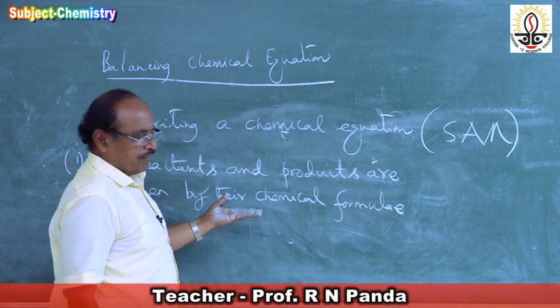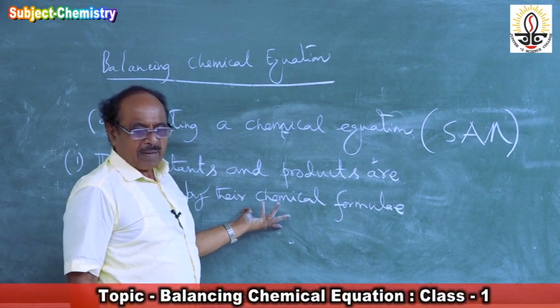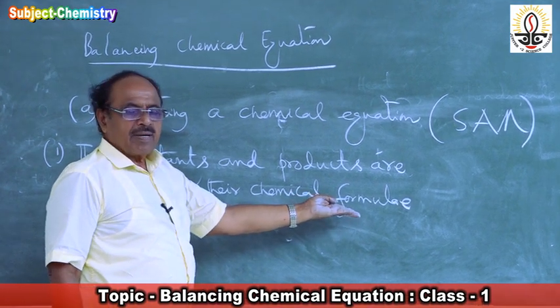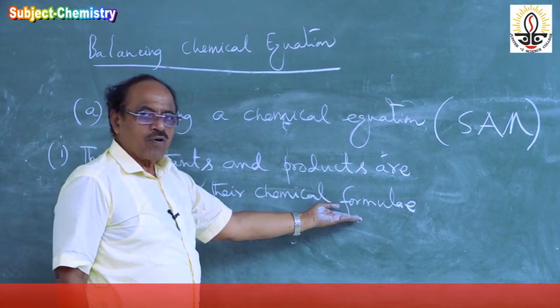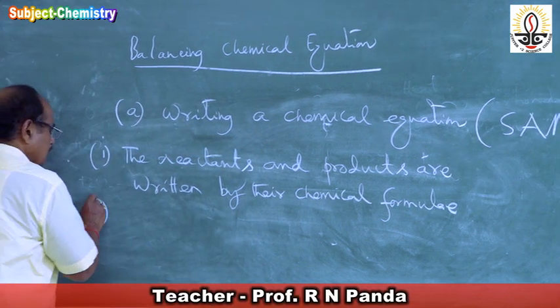That means it may be written as a symbol if one element or one atom is reacting, or if it reacts as a molecule, then we go by the formulae. So, chemical formulae.